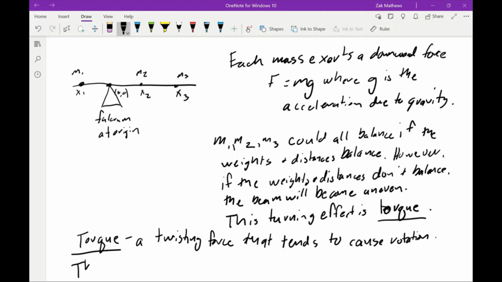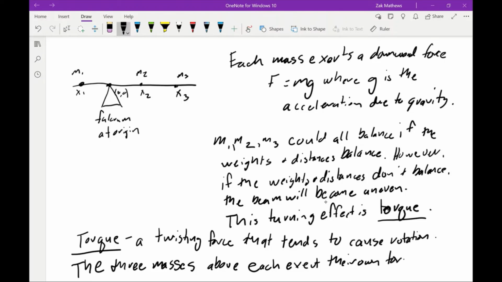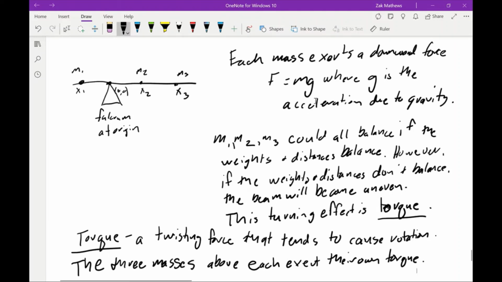The three masses in the picture above each exert their own torque. M2 and M3, because they're pushing downwards, are exerting a clockwise torque.